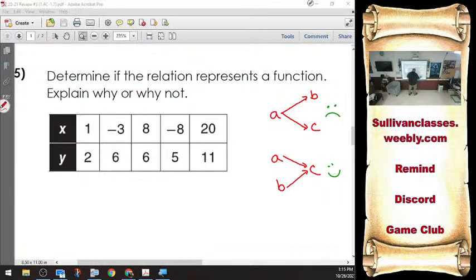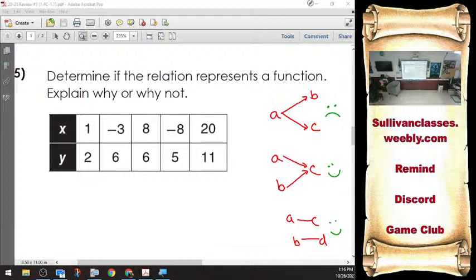And this is also good. Okay? That's how you know if something's a function or not. Every x has to go to exactly one y. Look at the x's in the table. Do I have an x that goes to more than one y?